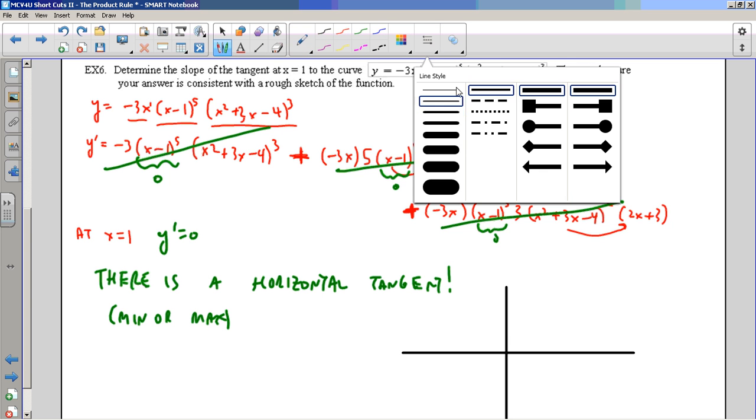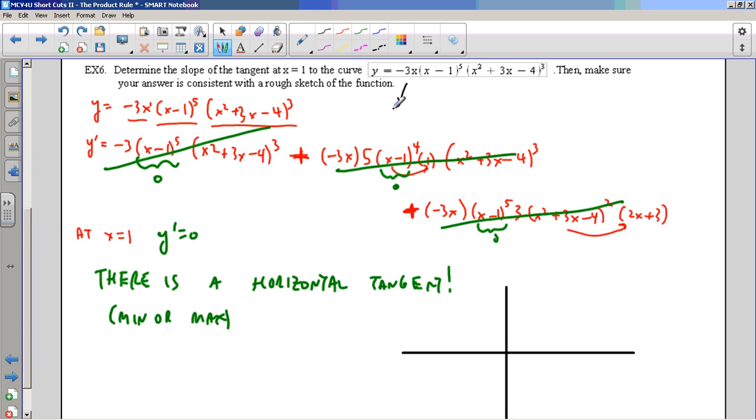Our function would have zeros at x equals 0. X equals 5 is actually a fifth root. A fifth root is like a slide, a super slide almost, because x equals 1 is a fifth degree root. Super slide. Here, this is weird because this is a quadratic, right?